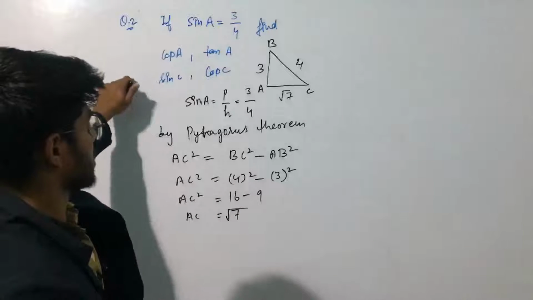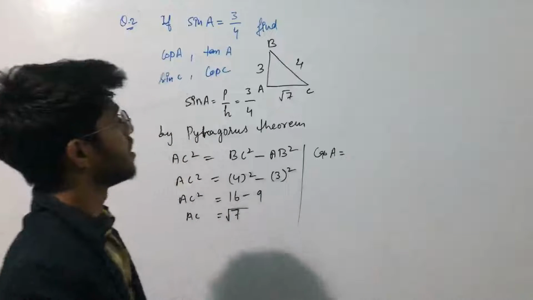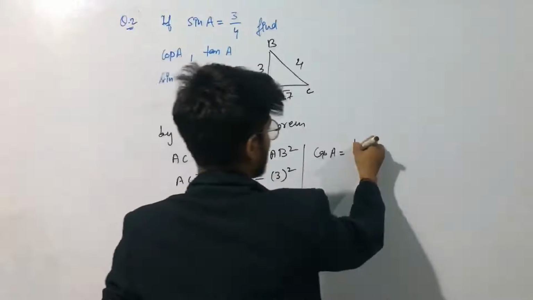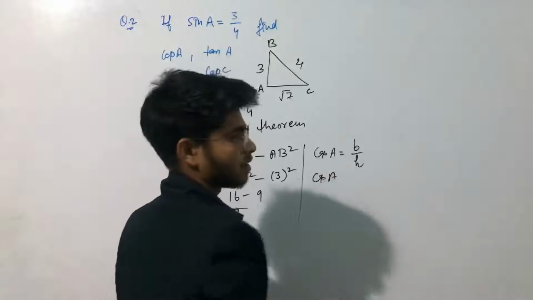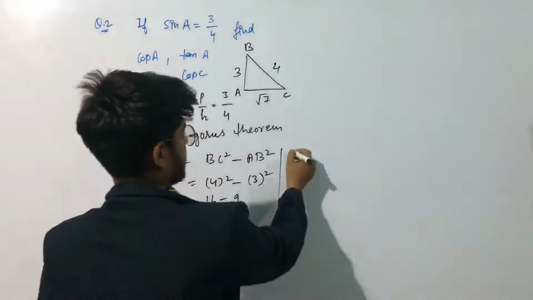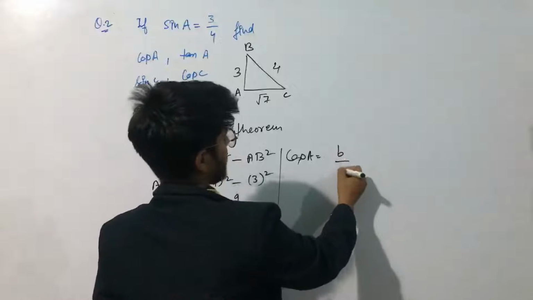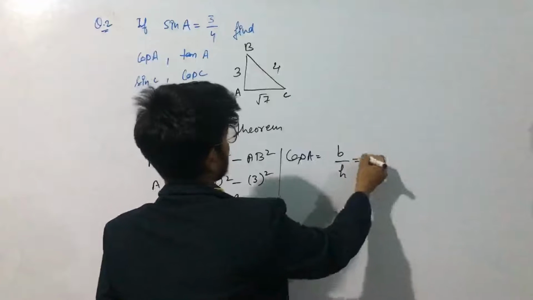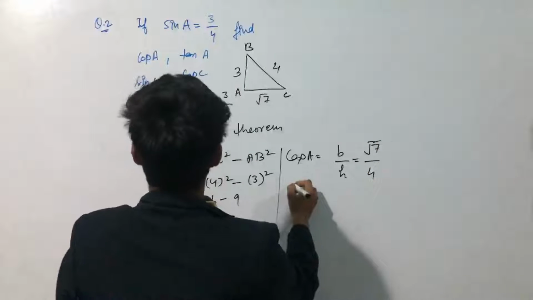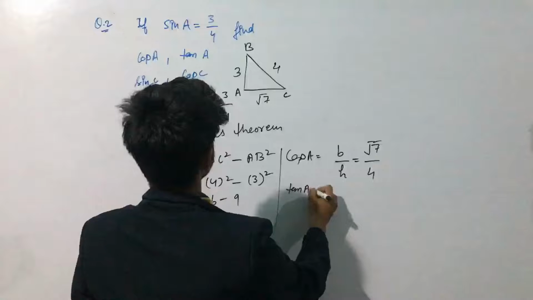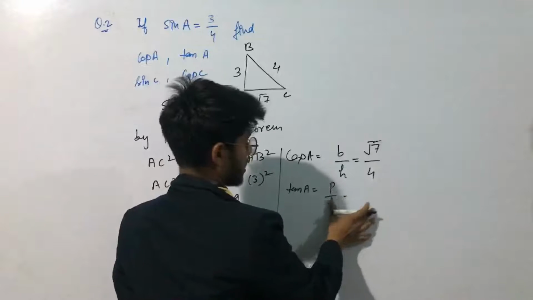So cos A is equal to base upon hypotenuse. Base is root 7, hypotenuse is 4. Tan A is equal to perpendicular upon base.